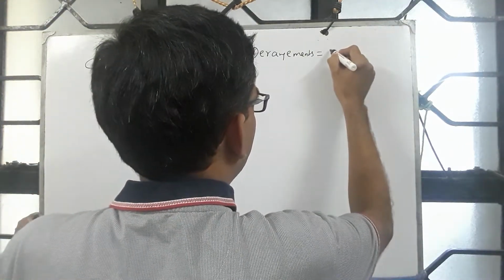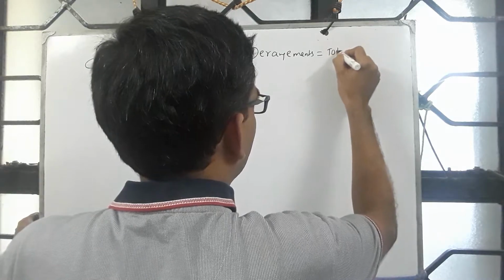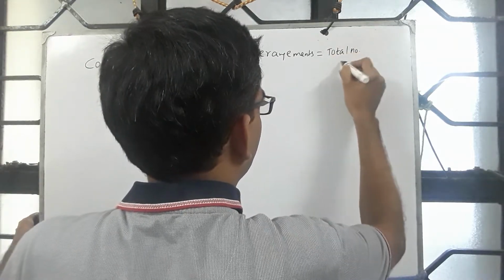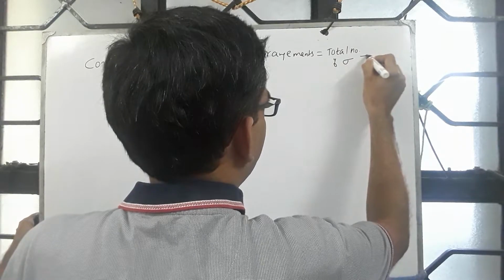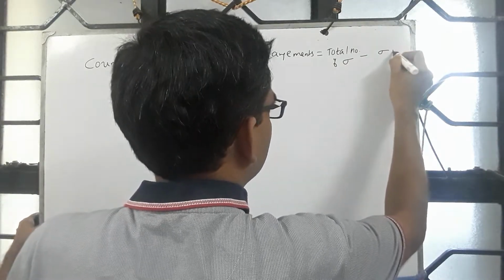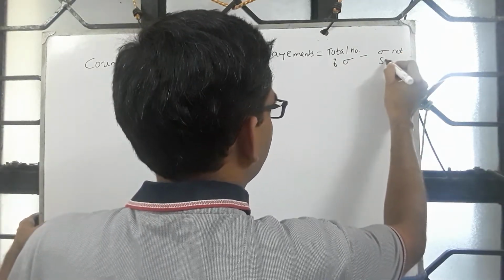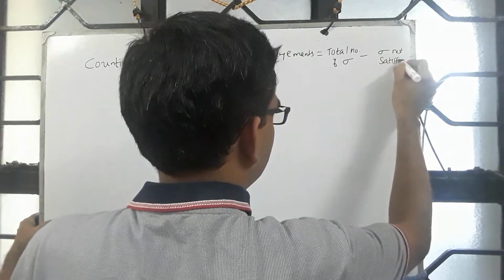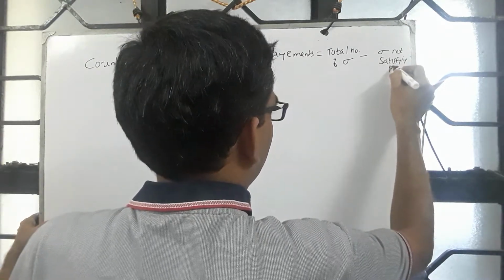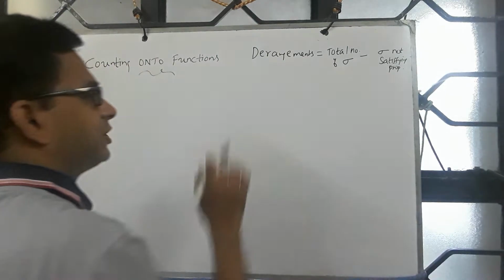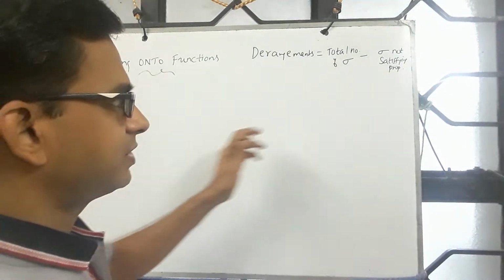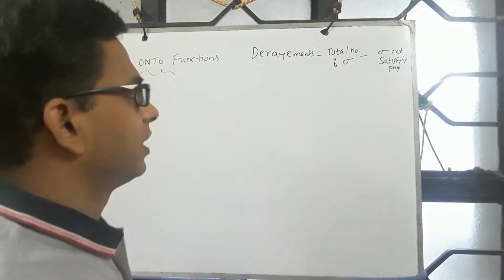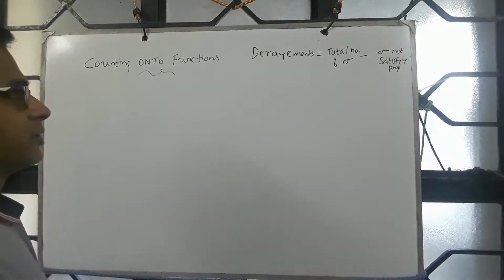To count that, we looked at the total number of permutations minus permutations not satisfying the property. The property is the derangement property. So arrangement in such a way that the element i does not appear in its natural position.